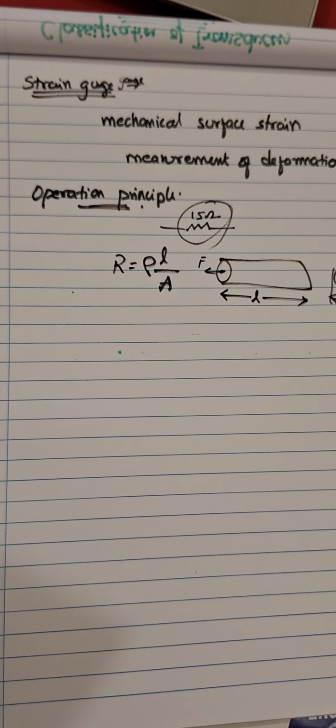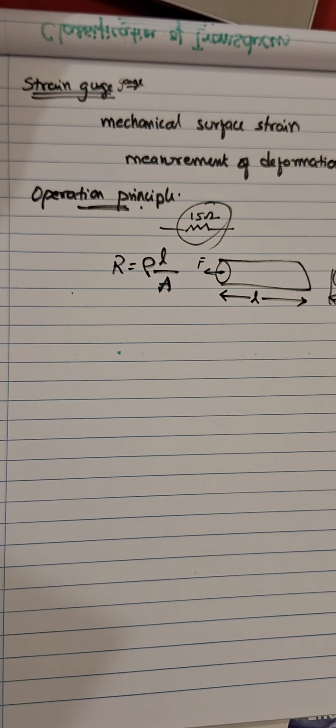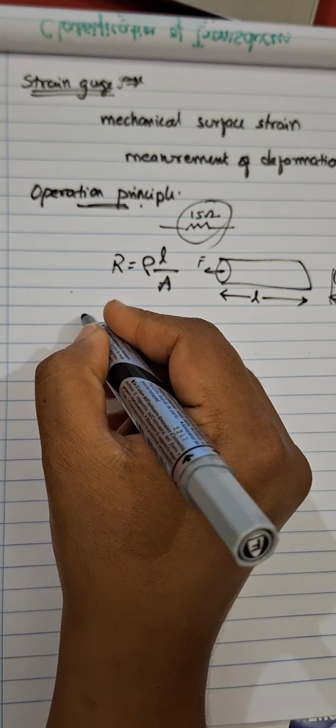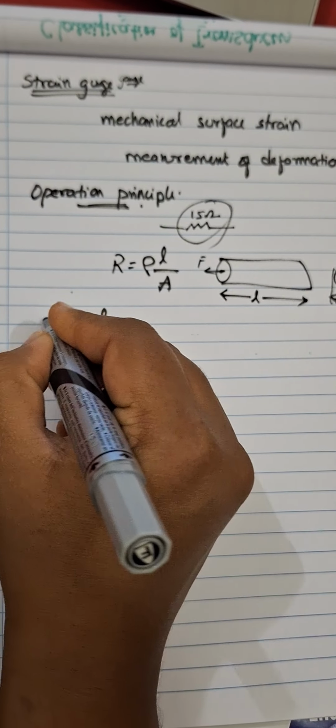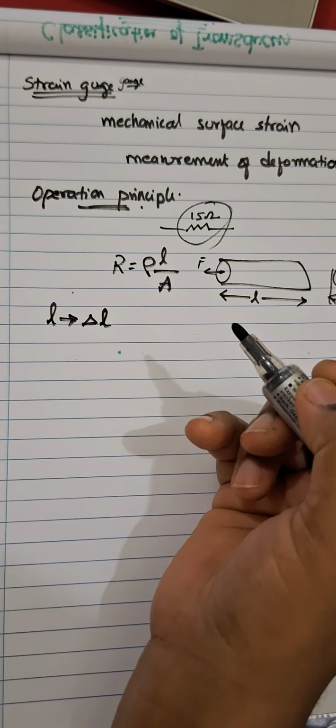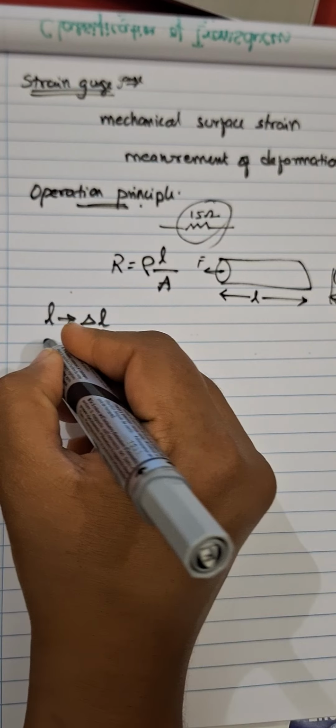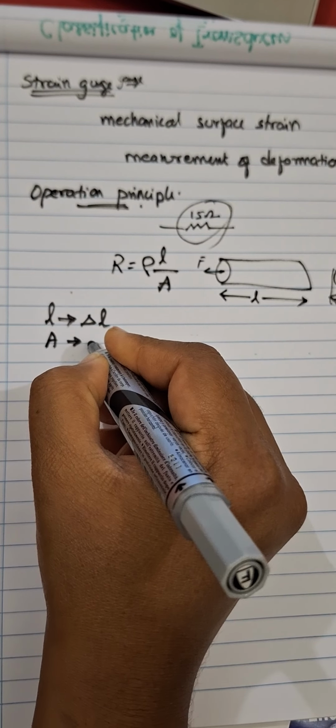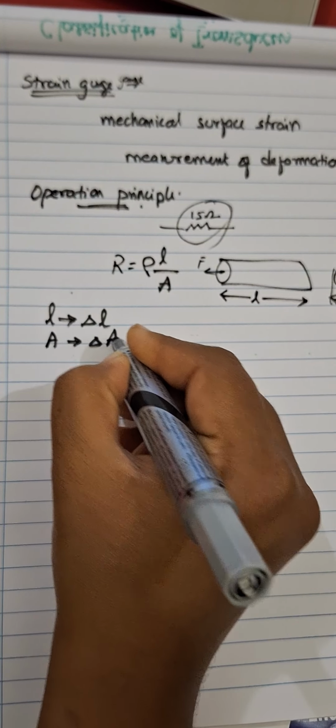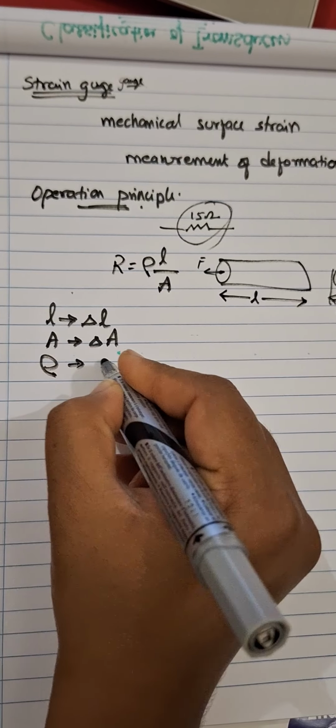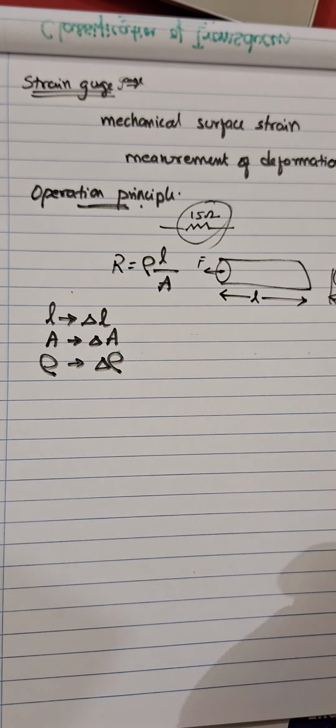Whenever there is an effect like this, obviously the length L will change by del L, the cross sectional area will also change by del A, and the resistivity also changes by del rho.